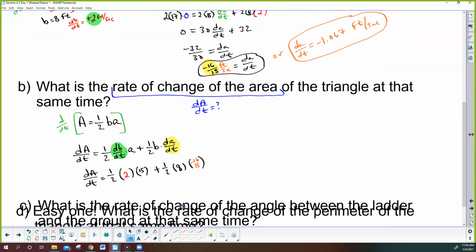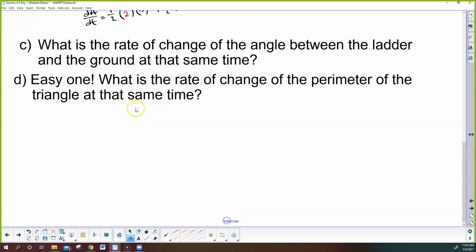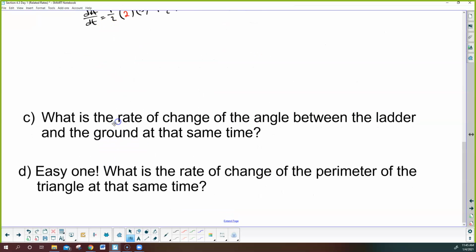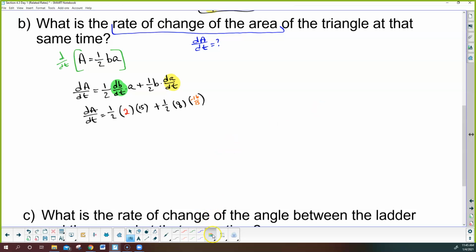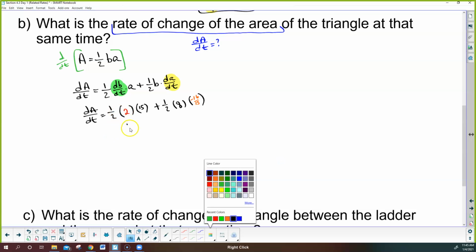Now, the nice thing about this is we could do some quick algebra here. And we can just reduce some things. 1/2 and 2, well, those are going to go away. So I'm left with 15 plus 1/2 of 8 is 4. And you could do 4 times 16. And at this point, I'm going to use my calculator, but you could change this to a denominator of 15 and all that. But I'm not going to spend time doing that right now.